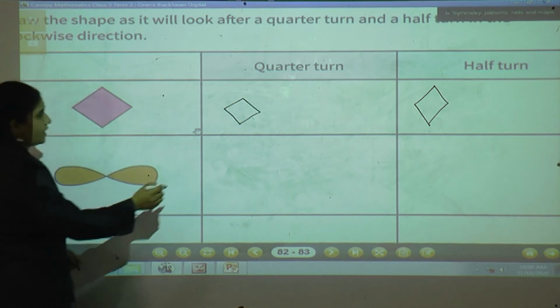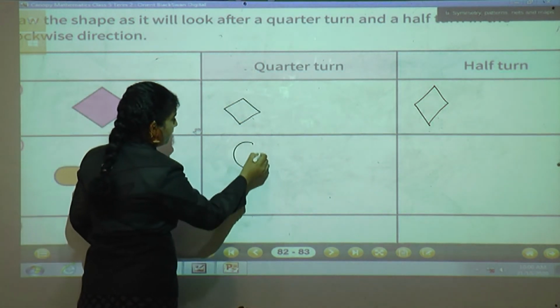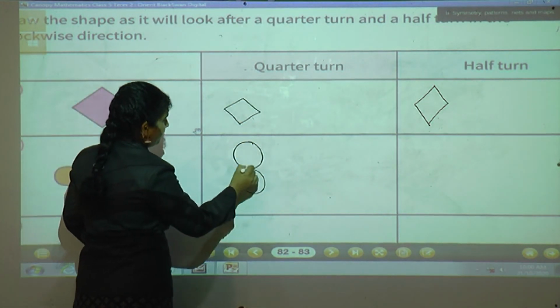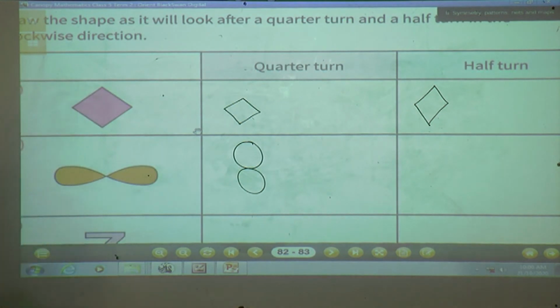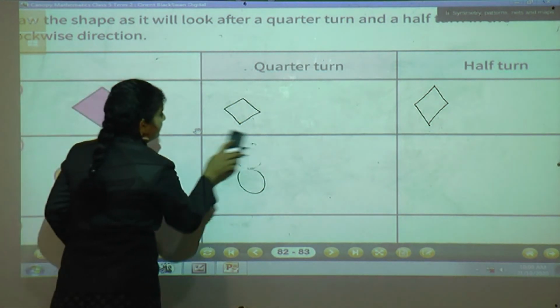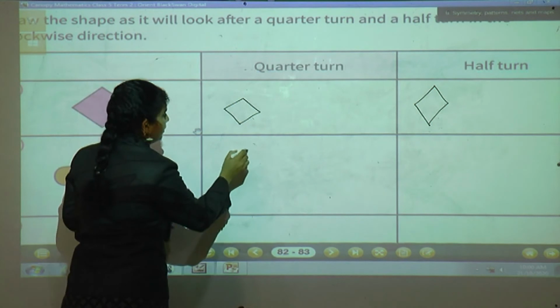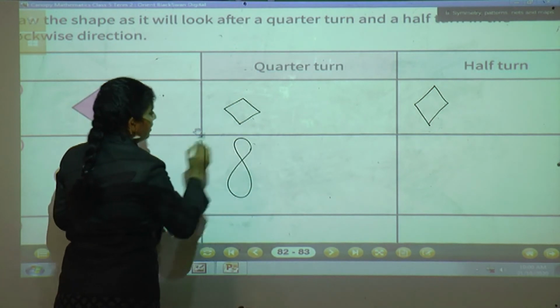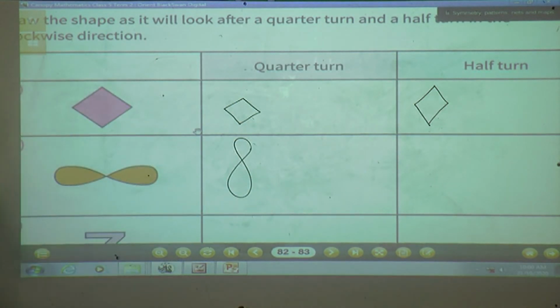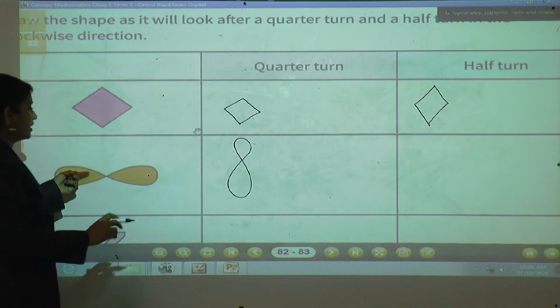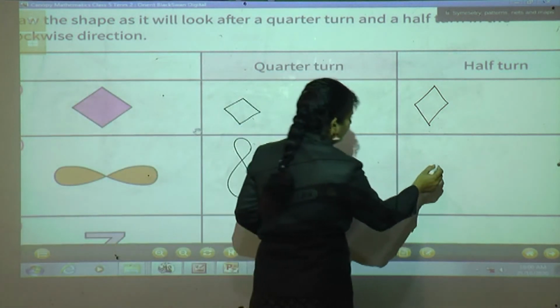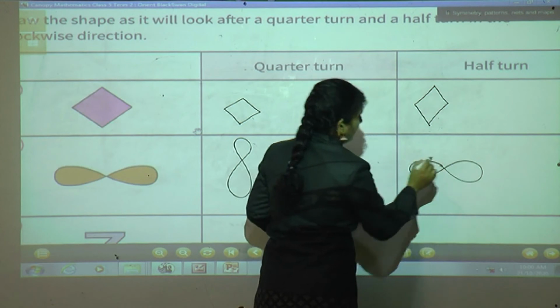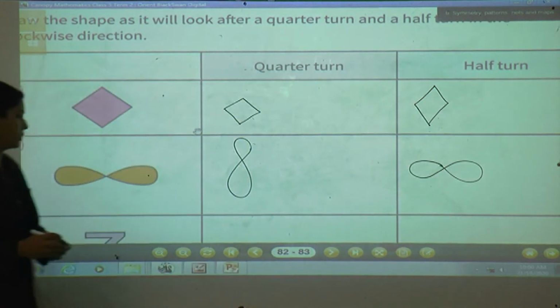So that's why I can draw like this. Okay, here I can draw like this. Now half turn. Half turn, that means it will look the same, isn't it?